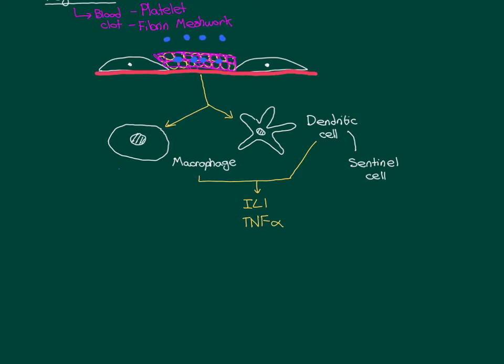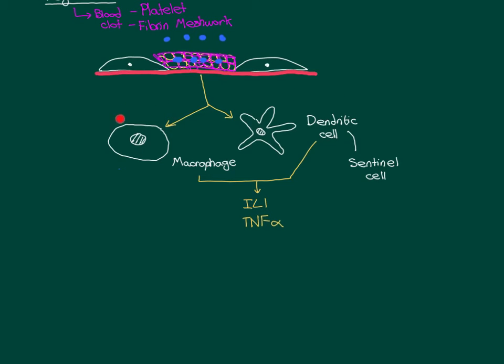It's still a little bit controversial as to how you get the inflammation, whether the interleukin-1 and TNF-alpha act on the endothelial cells covering the valve, or whether there are blood vessels in the valve connective tissue that they act on. But what's certainly going to happen is you are going to get inflammation in the heart valve.